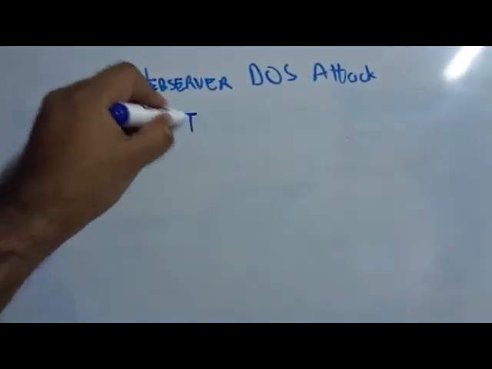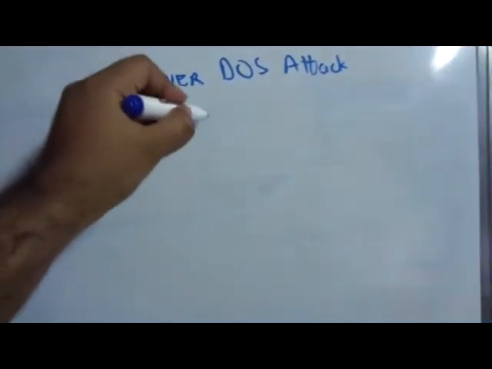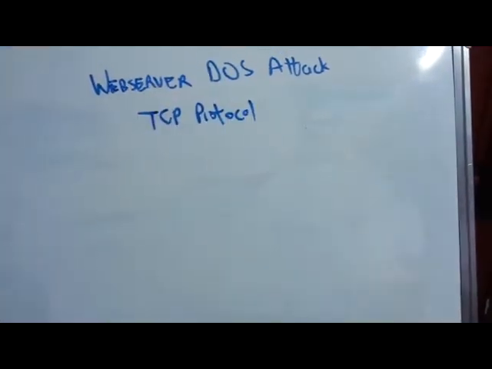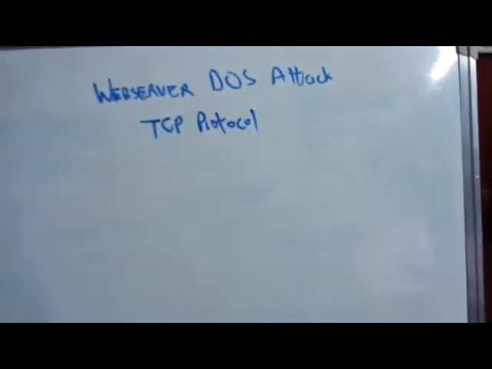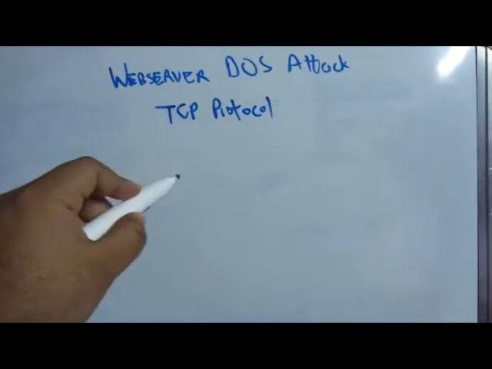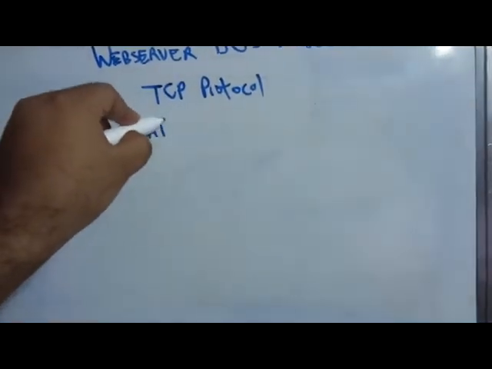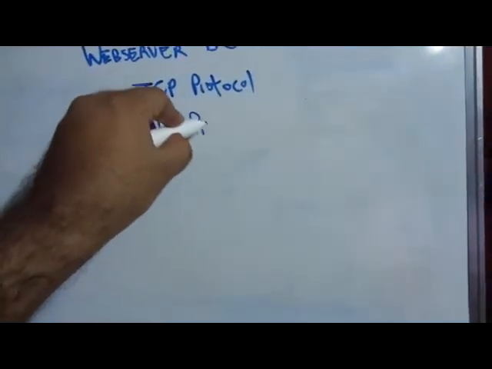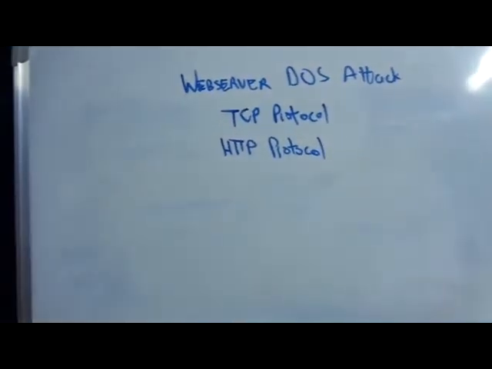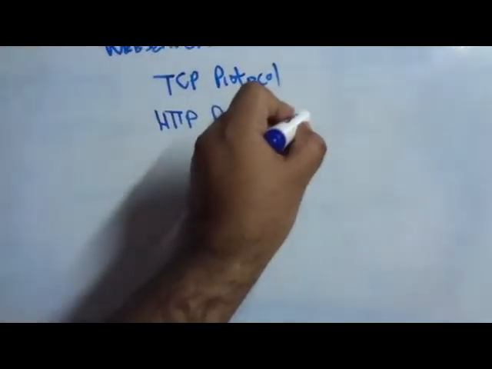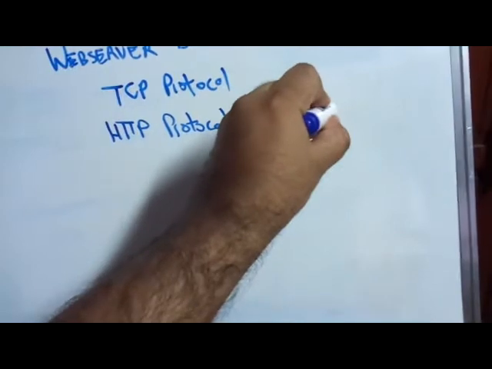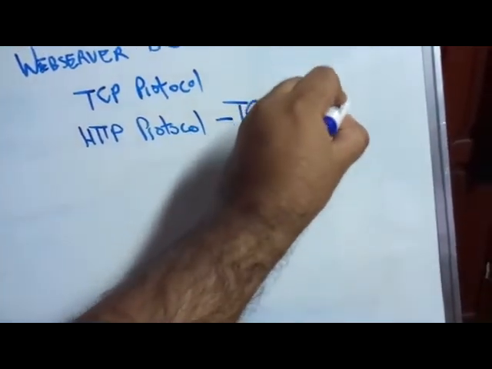So you could remember that the TCP protocol is used, and also the web server is able to understand the HTTP protocol. Alright, so that doesn't really say much. I just wanted to explain that the HTTP protocol happens on TCP port 80.